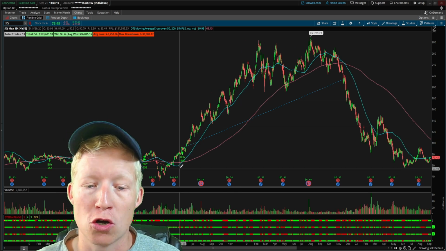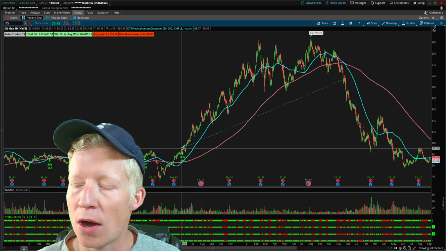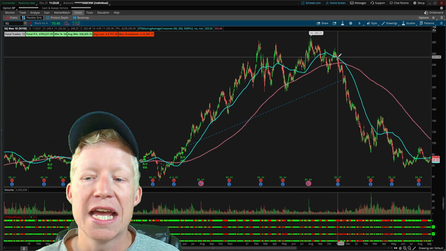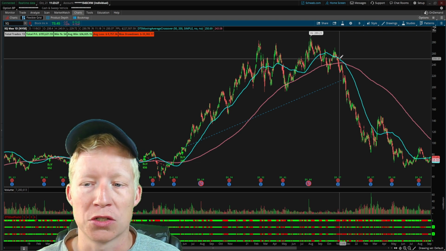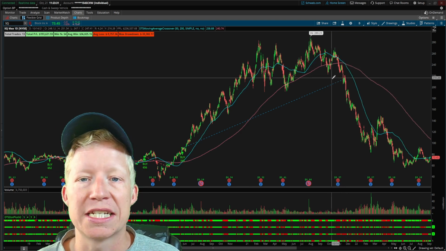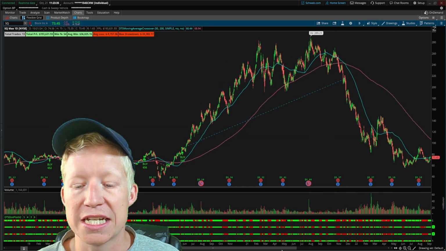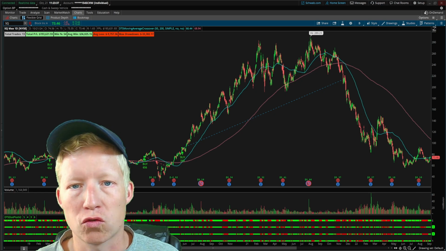We, of course, enter when that faster length crosses above the slower length. That is now how we are identifying uptrend, and we sell when that faster length crosses below that slower length. Hey, we are now in downtrend. Let's get out of this thing. Let's not hold on to it anymore. Let's not look for any more entrances until we get that next cross back up.